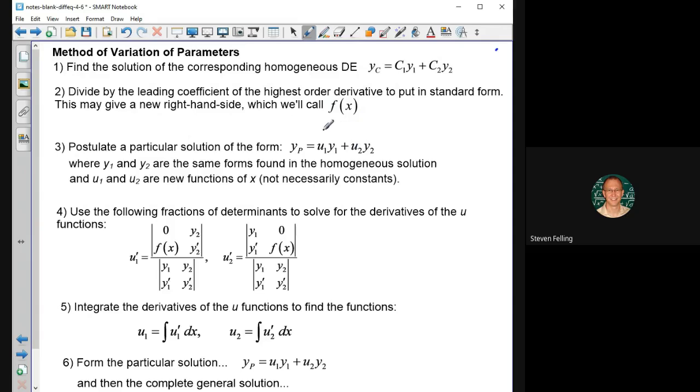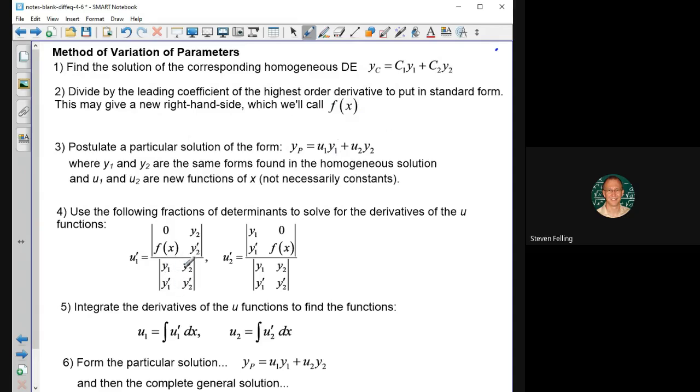And then you use the following fractions and determinants, essentially using Cramer's rule to solve a system. It turns out that the derivative of u1 is going to be, if you form the determinant found by taking the functions y1 and y2 in the row, and then the derivatives below like you're forming a Wronskian. In fact, this is the Wronskian of these two solutions.